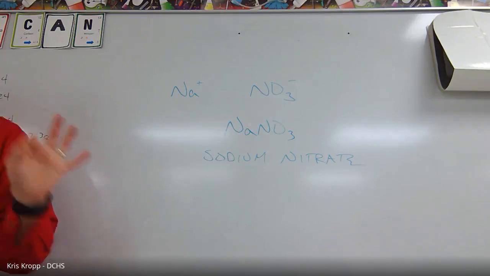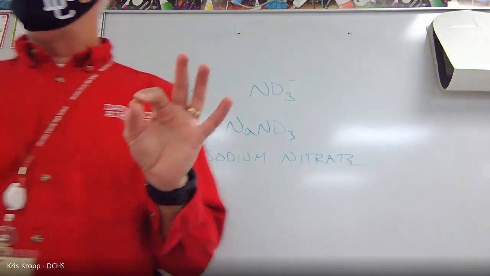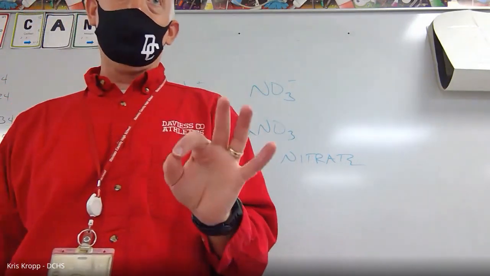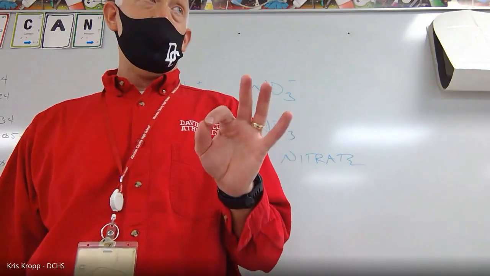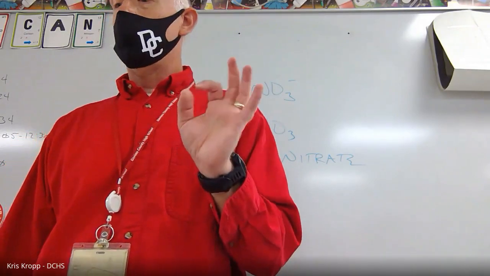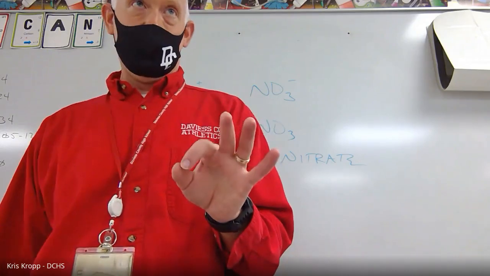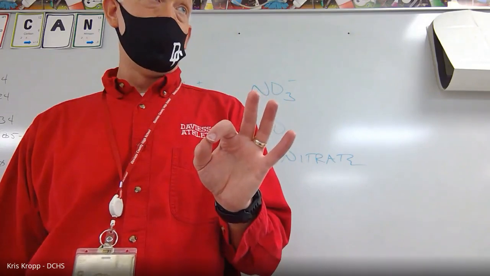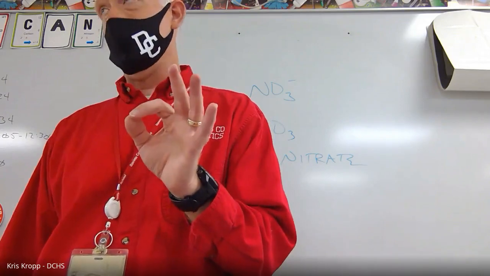Now, there is one caveat that I need to make you aware of. Please look in the lower right-hand corner of your list. I want you to circle ammonium, NH4 plus. Circle that ion. I've already asked you guys to do a lot today, but here's one more thing.